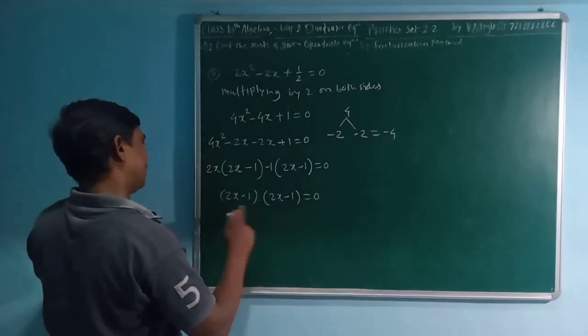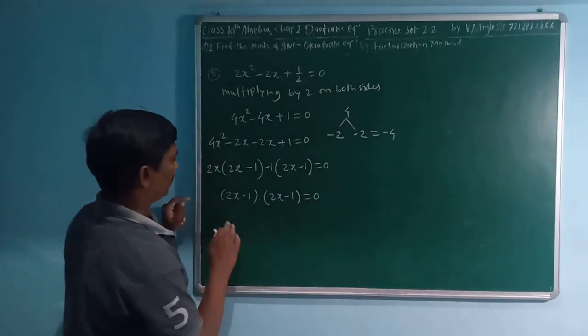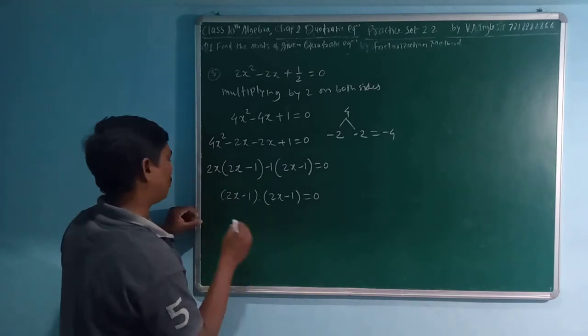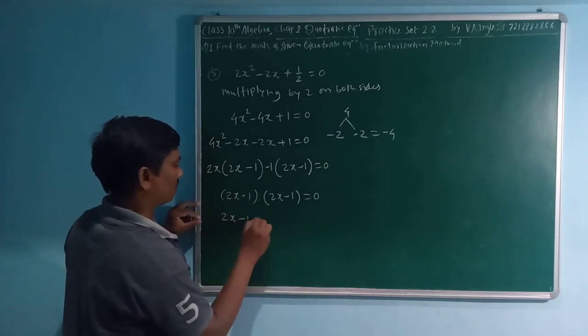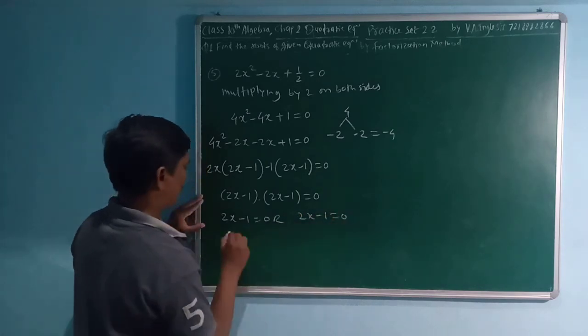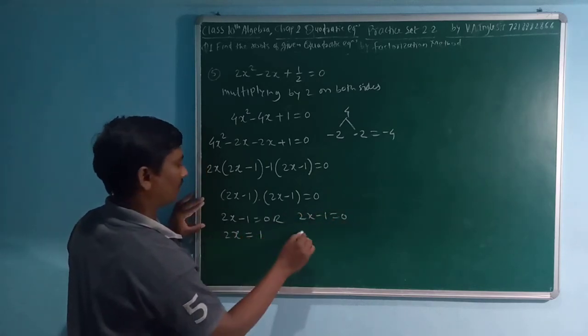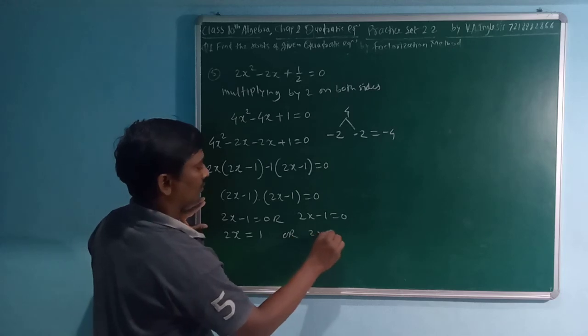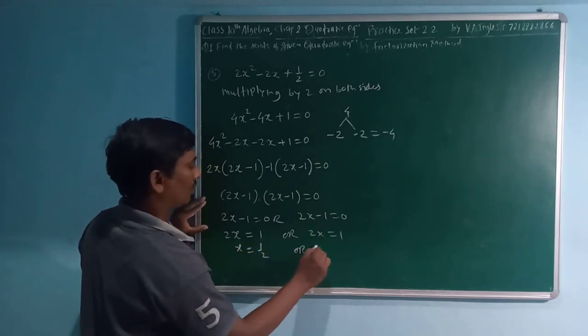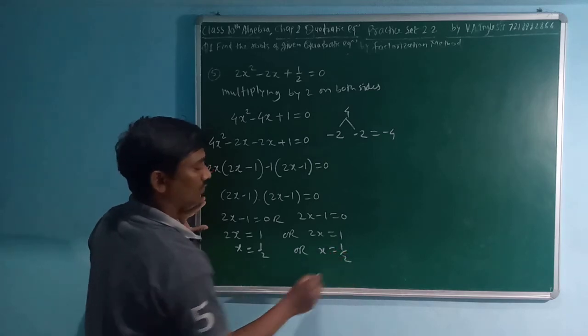Both brackets are repeated, so you can write it once only, or you can go for twice. Okay, so 2x minus 1 is equals to 0, or 2x minus 1 equals to 0. So 2x is equals to 1, here also 2x is equals to 1, and x is equals to 1 by 2, or x is equals to 1 by 2.